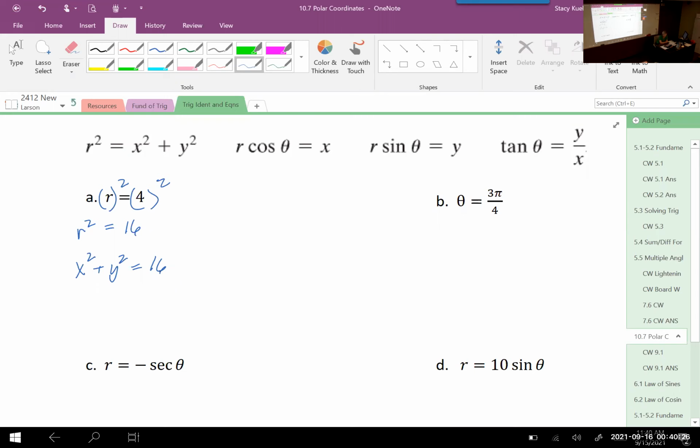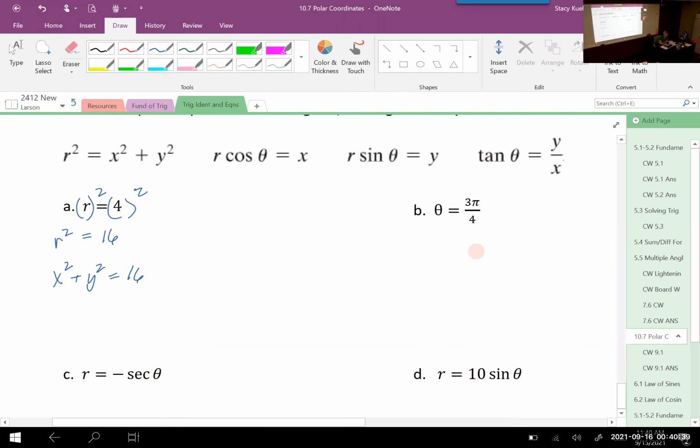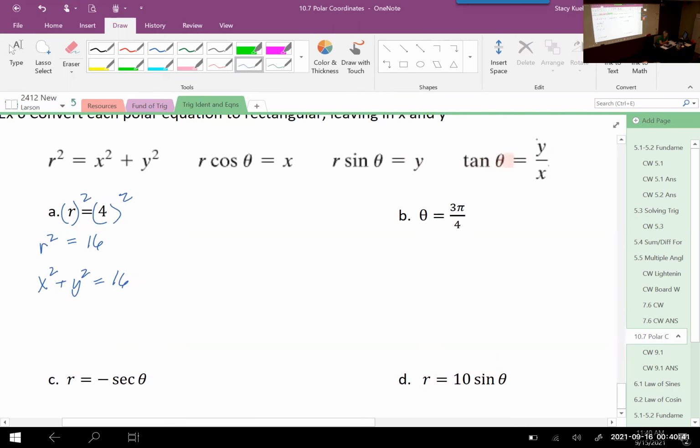Let's look at this next one. Theta is equal to 3 pi over 4. The only thing I've got up here is tan theta, which is equal to y over x. So let's take the tangent of both sides, in other words, multiply both sides by tan.